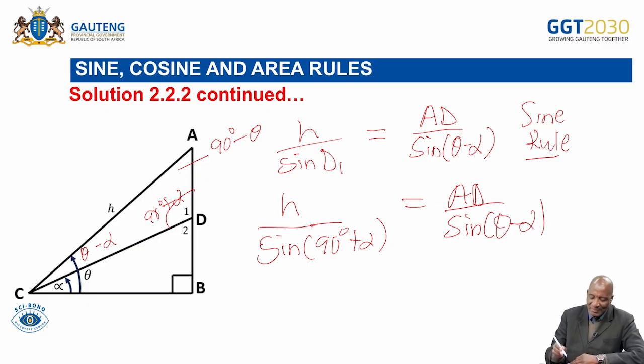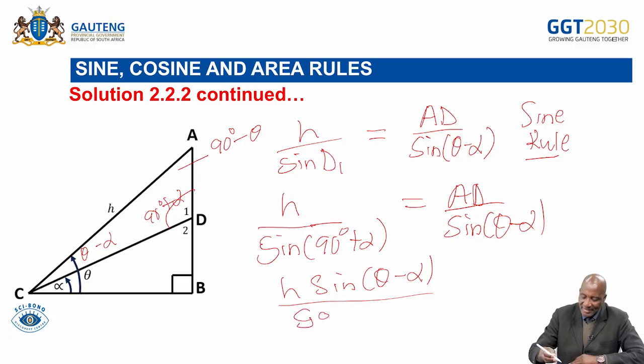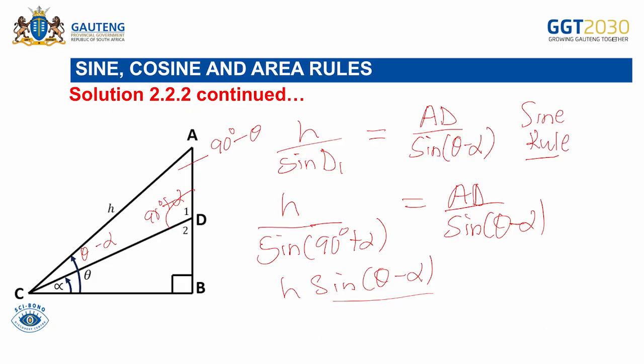Then we cross multiply. We'll get h sine of theta minus alpha over sine of 90 degrees plus alpha equals AD. We have found our AD.